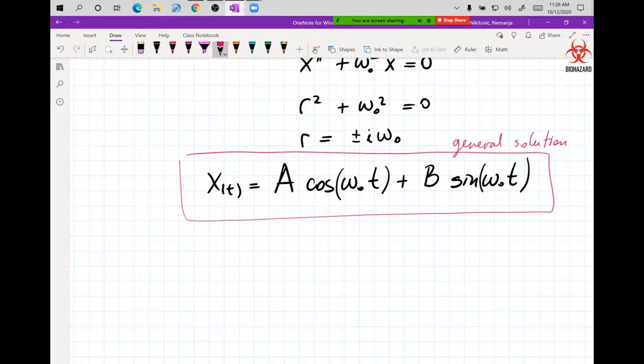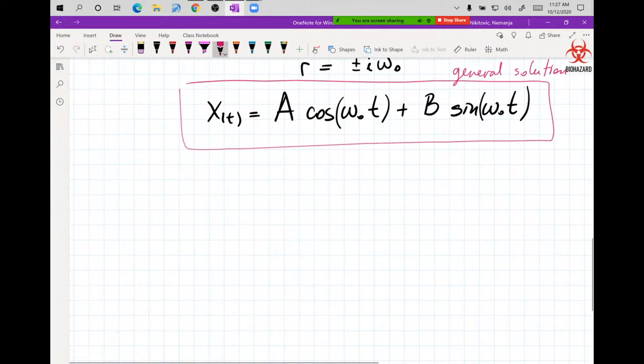So now let's take a look at this motion and see if we can rewrite this in a different form, because it seems that we could somehow compress this into a single trig function rather than having cosine and sine together. So let's take a look at the witchcraft that would give us that.